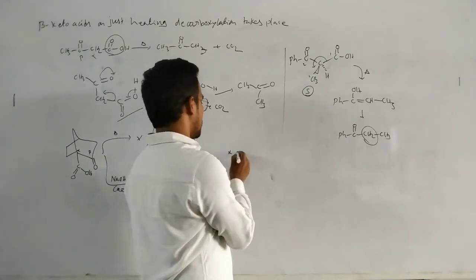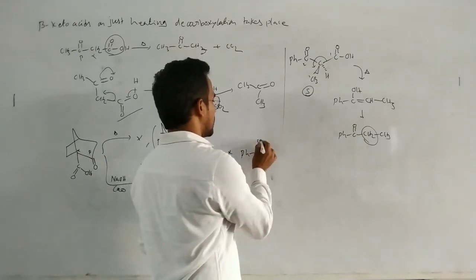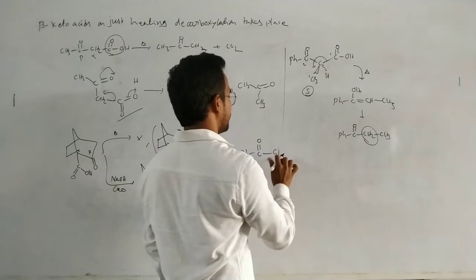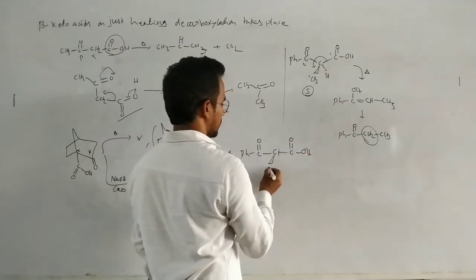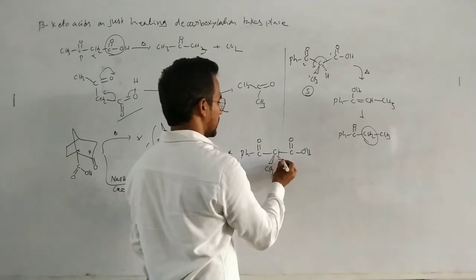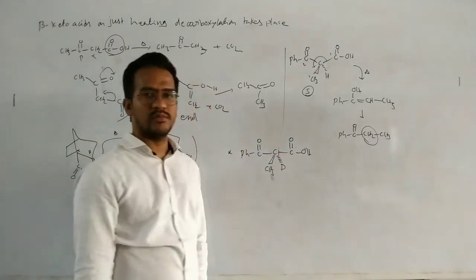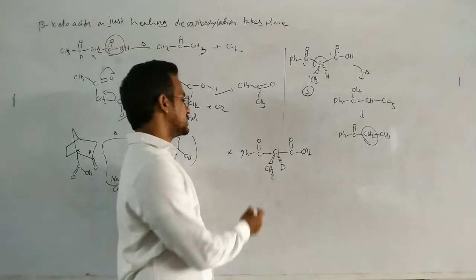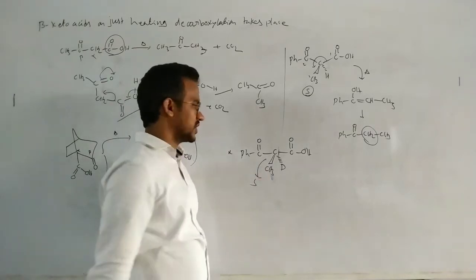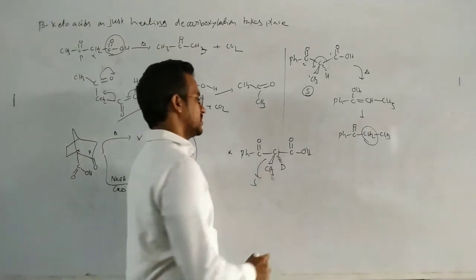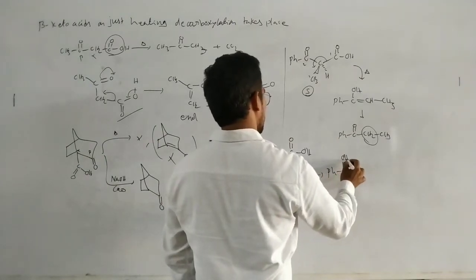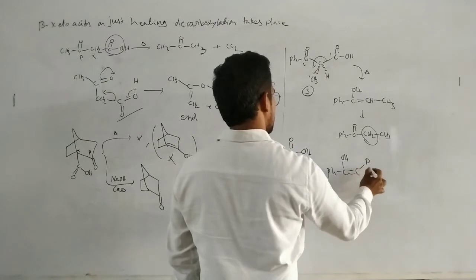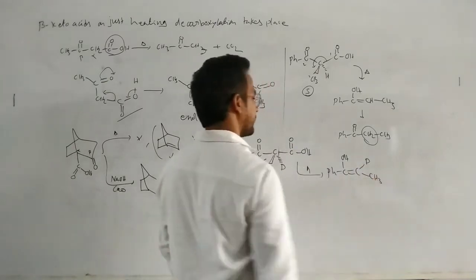Suppose another compound, Ph C double bond O, C double bond O OH. Here above the plane CH3 and below the plane D. Again, let us say this configuration is S. The configuration of that chiral carbon is S. Now here, this one on heating gives Ph C(OH) double bond C, D and CH3.